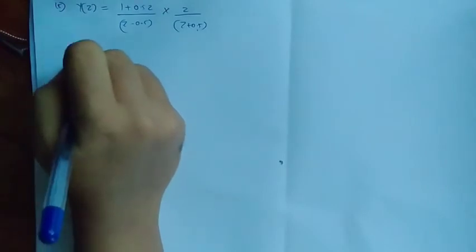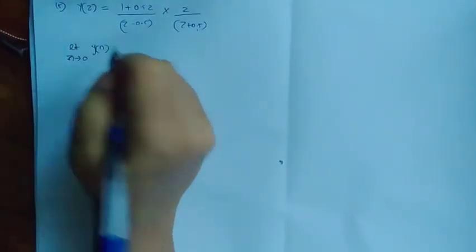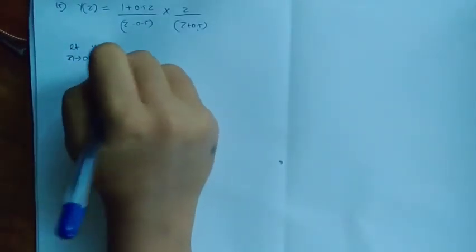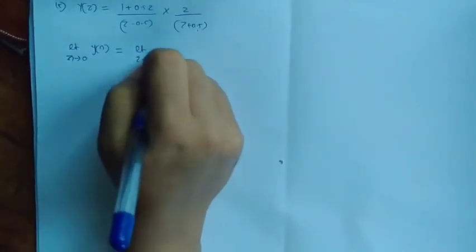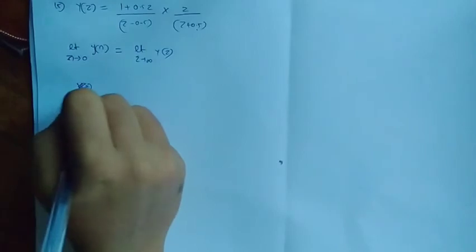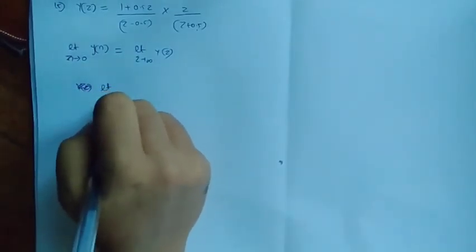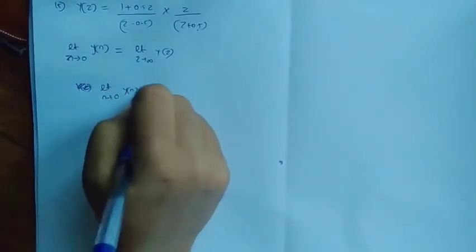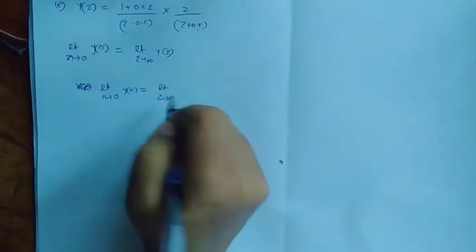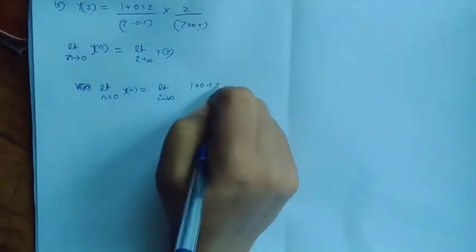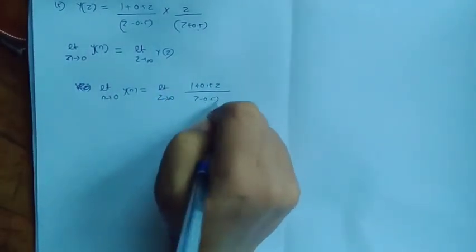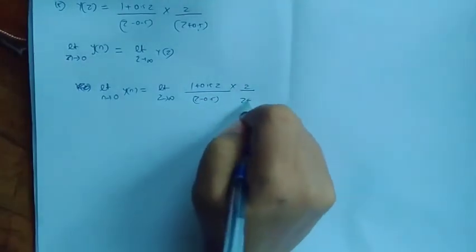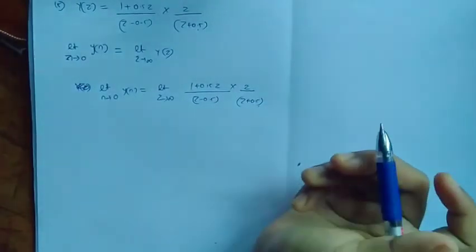So, initial value theorem: limit n tends to 0, y of n equal to limit z tends to infinity, Y of z, right? So limit n tends to 0, y of n equal to limit z tends to infinity of (1 plus 0.5 z) divided by (z minus 0.5) into z divided by (z plus 0.5).